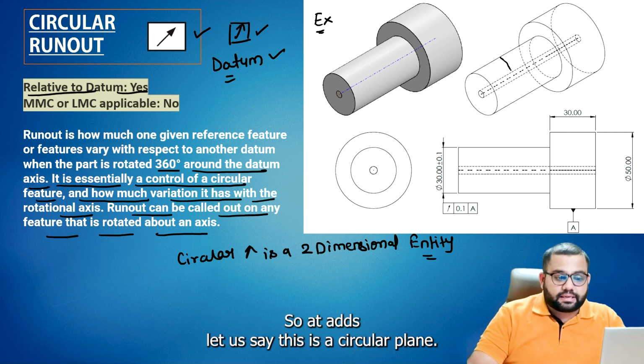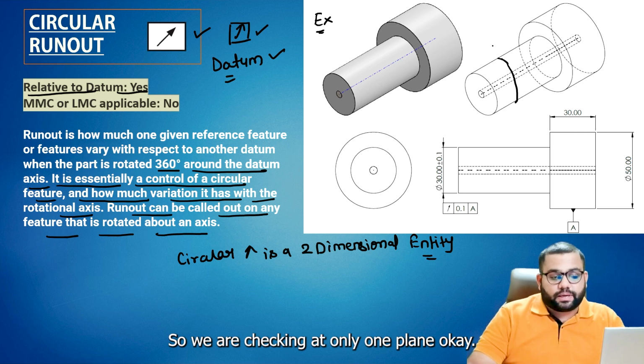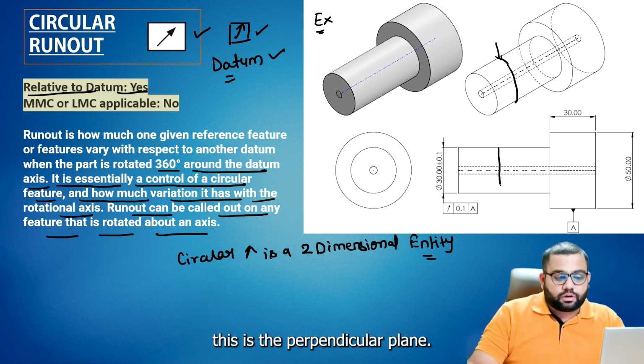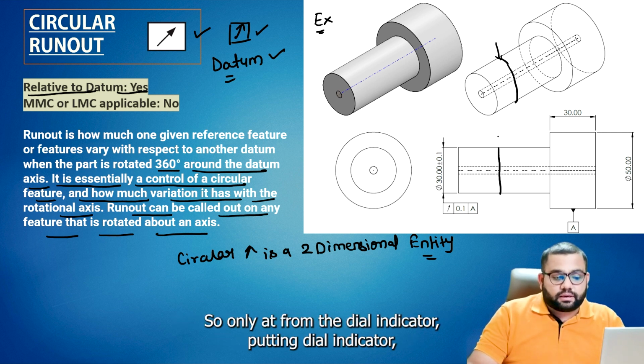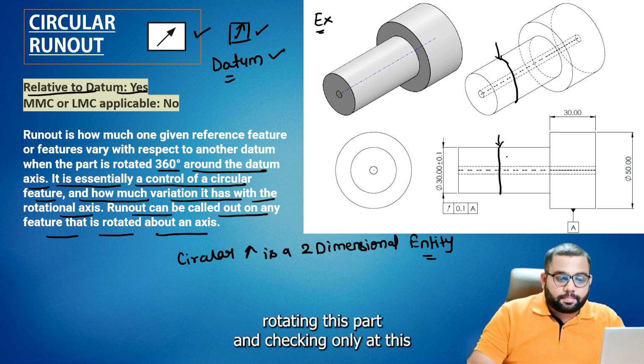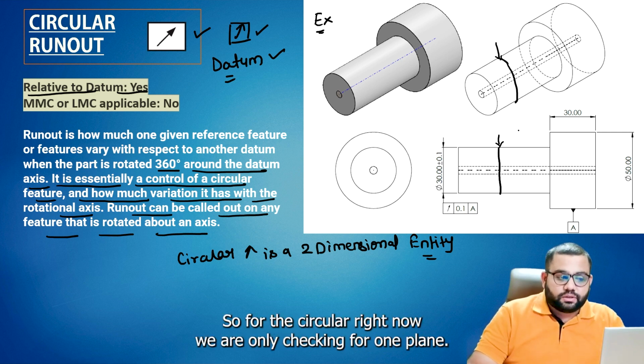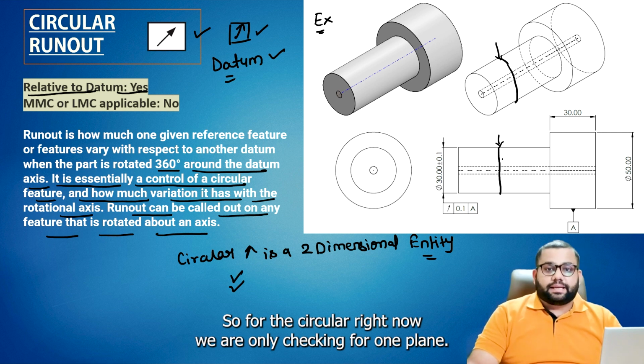Let's say this is a circular plane, taken perpendicular. Putting a dial indicator, rotating the part and checking only at this circular profile, not over the length. So for circular runout, we are only checking one plane.